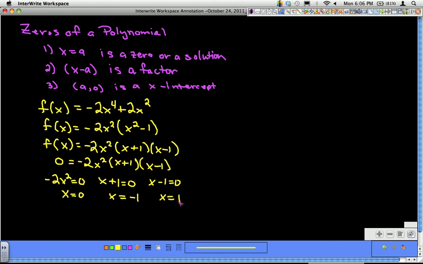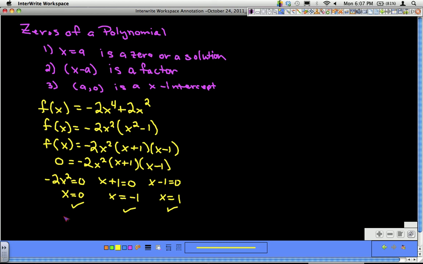So when we're looking at this, in this step here, we've got our factors. Here we set it equal to 0, and we just found our zeros or our solutions. So for this particular problem, there's three different places where we could write our x-intercepts.